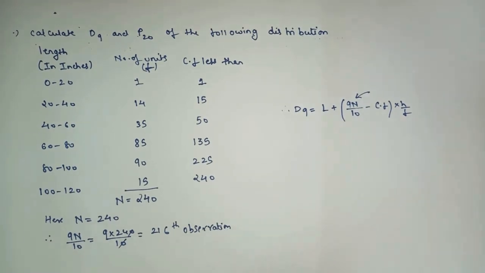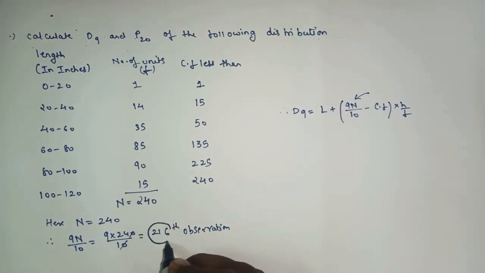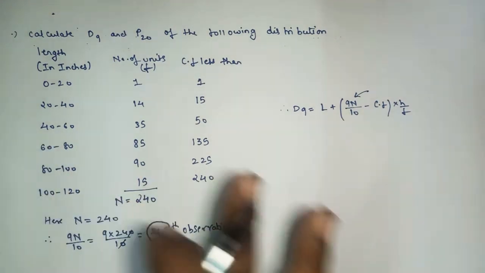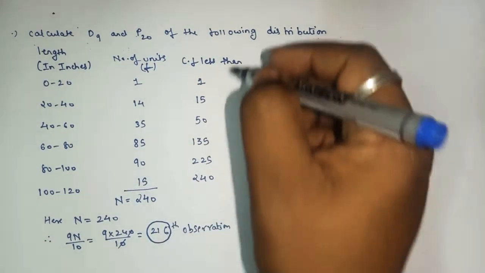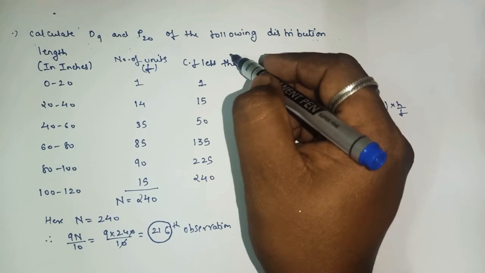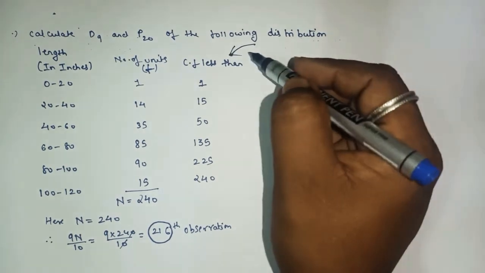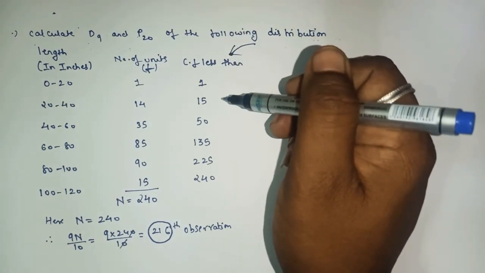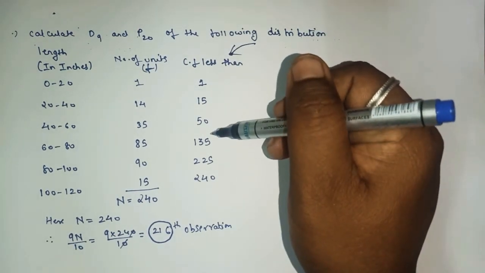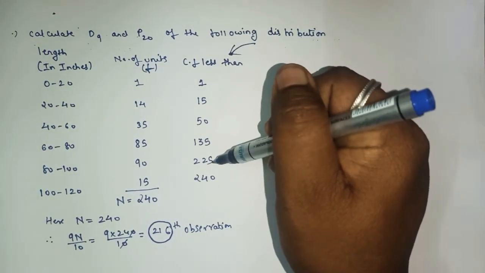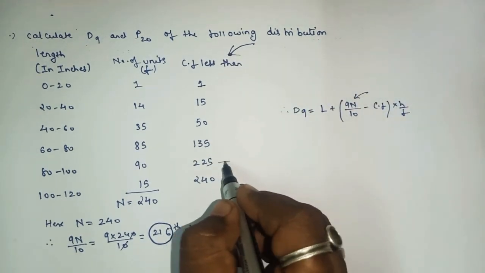So now we'll see where this 216 lies. This whole thing I had explained while we were dealing with the sums with respect to quartiles. See this 216, refer to the third column, check where this 216 lies. So clearly it lies in this row.